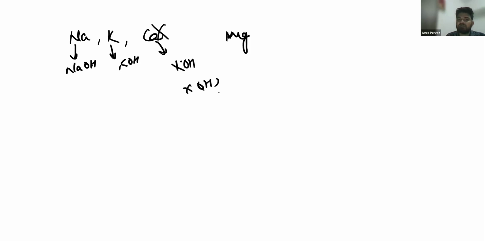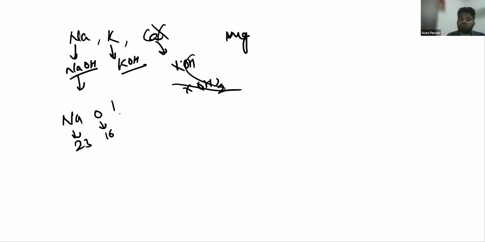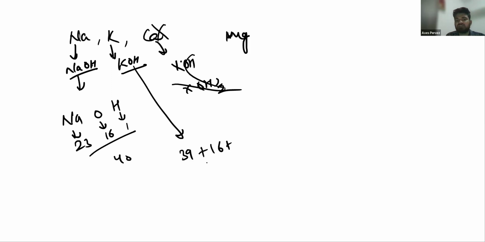So this is rejected. The molecular mass of Na is 23, oxygen is 16 and hydrogen is 1, so adding them you get 40. But KOH is 39 plus 16 plus 1, which gives 56. So this is rejected. Only NaOH is the correct answer.